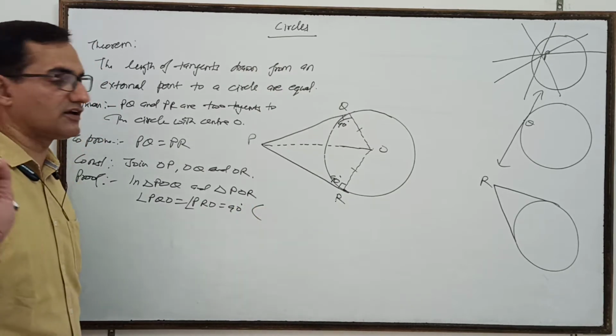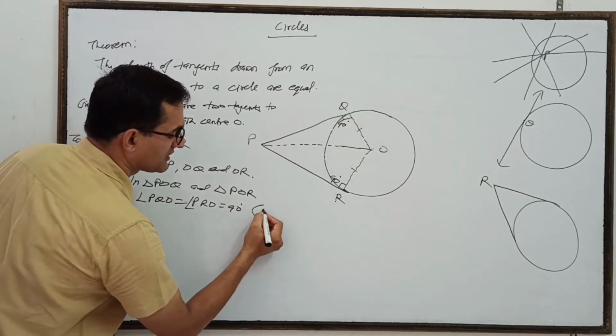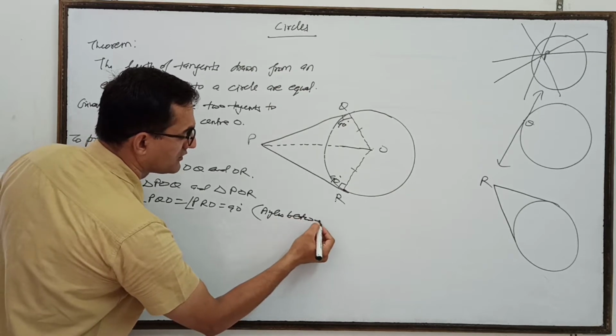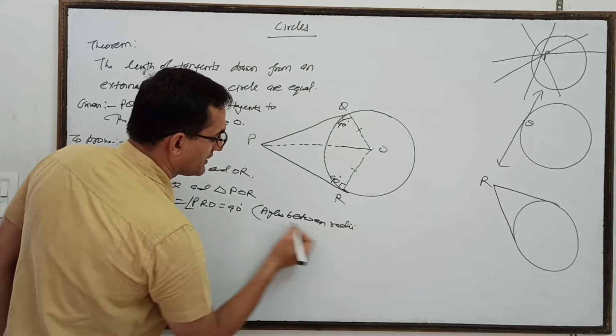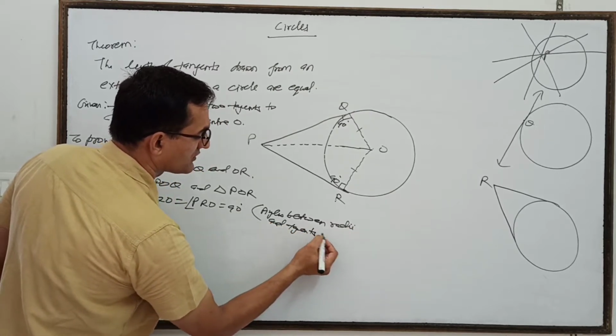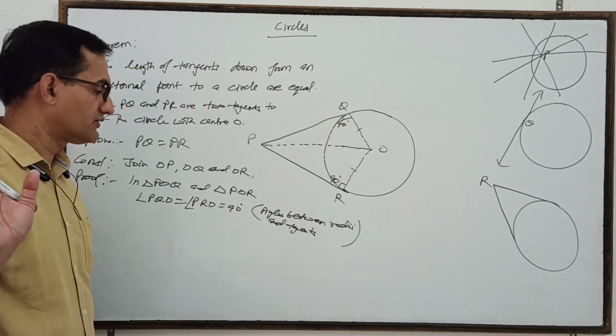You will write the reason also: the angle between radius and tangent. Angles between radii and tangents will all be 90 degrees.